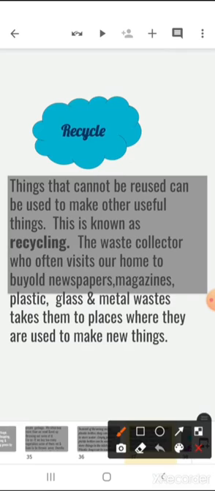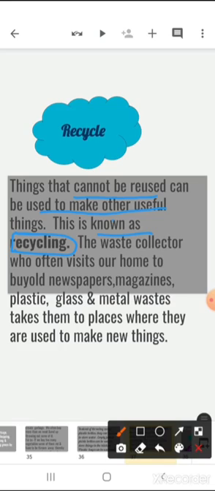Recycle. Things that cannot be reused can be used to make other useful things. It is known as recycling.